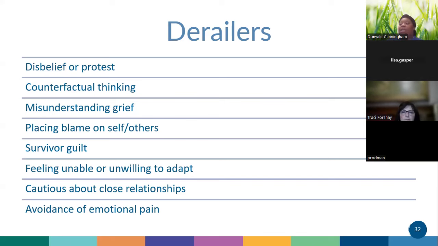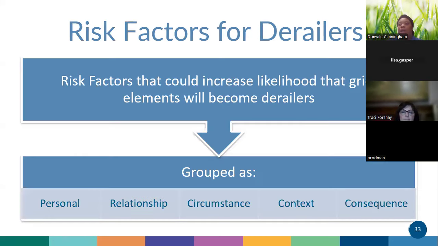Let's talk about some risk factors for derailers, and then we're going to have a video for us to watch pretty soon. Looking at risk factors that can increase the likelihood that grief elements will become derailers, they are grouped as personal risk factors, relationship risk factors, circumstance risk factors, context risk factors, and consequence risk factors.